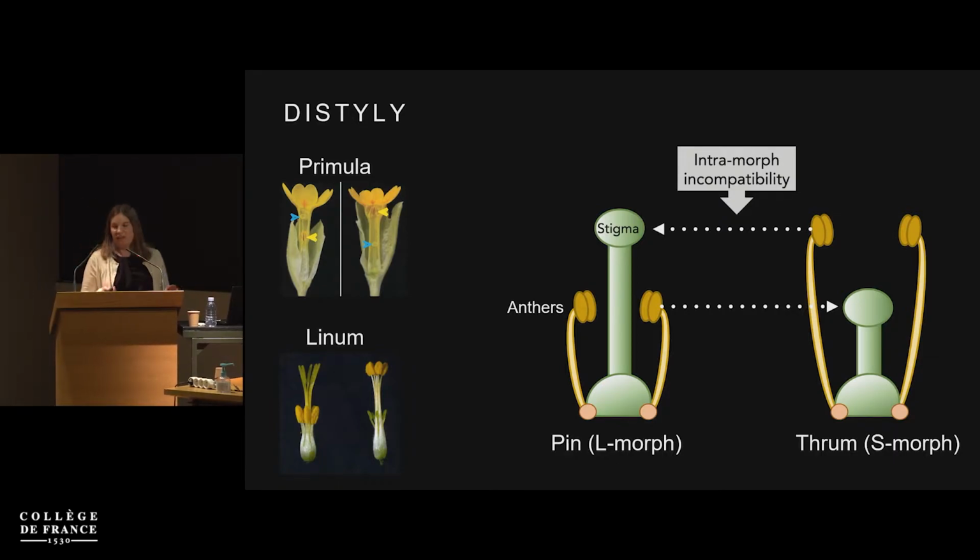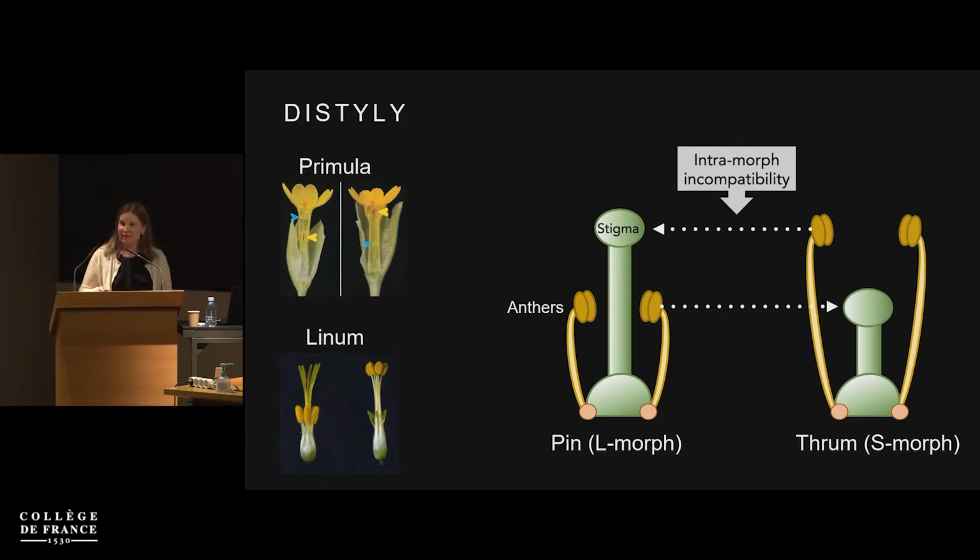And in addition to these morphological differences, there's usually also physiological incompatibility, which means that only crosses between individuals of different morphs and not between individuals with the same morph can give rise to offspring. And in natural populations, there's usually approximately equal numbers of pin and thrum individuals.